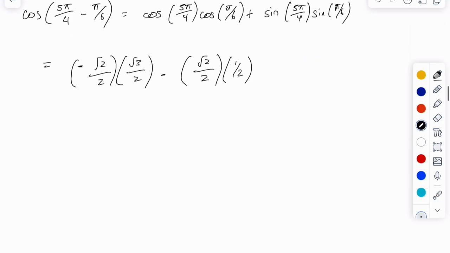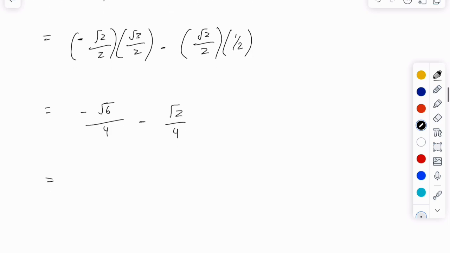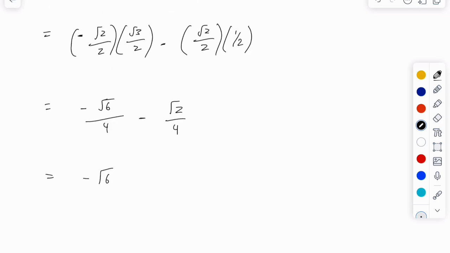And from here, all we're going to get is negative root 6 over 4 minus root 2 over 4, which equals negative root 6 minus root 2 over 4. And that's going to be the final answer there.